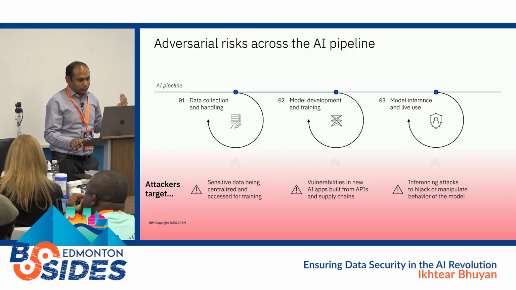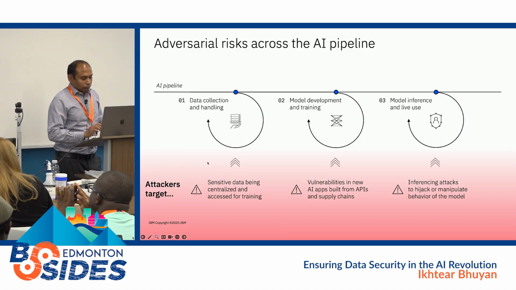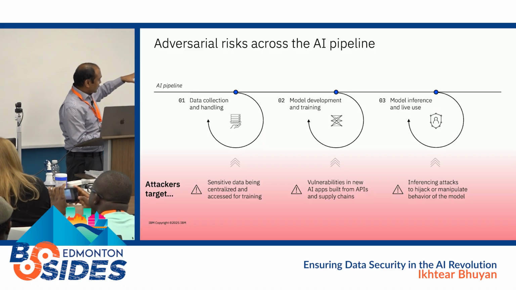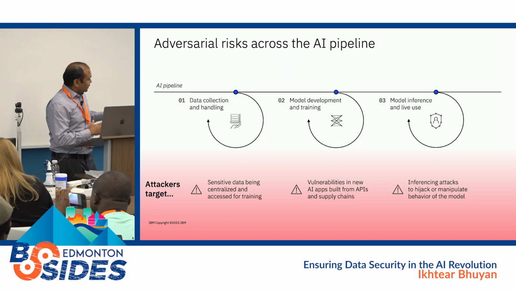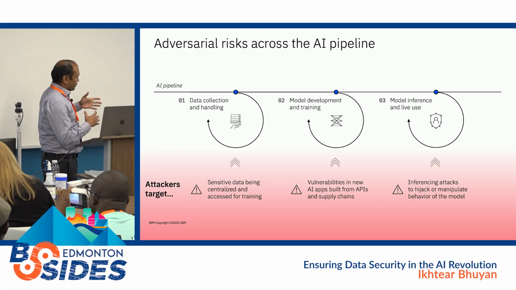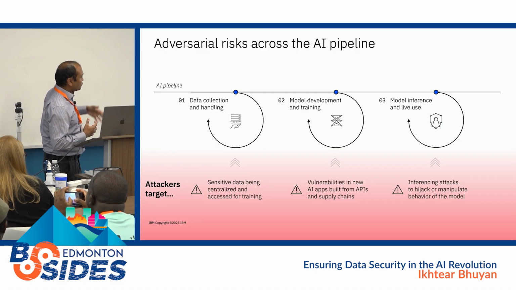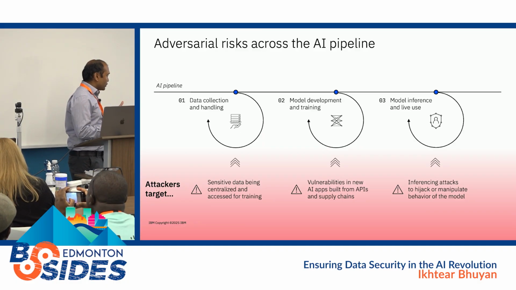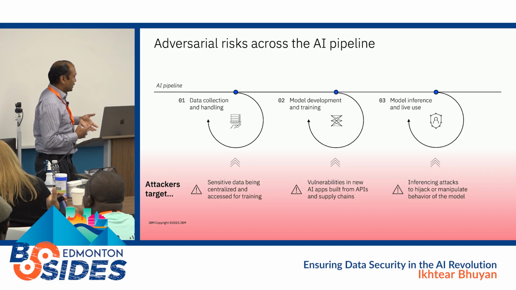Going back to the pipeline that I mentioned earlier at the top: for data collection or handling, there are questions about what kind of data is being fed into the model. Then for model deployment, what kind of model am I using, and what kind of inferencing is being done? That's the important part.